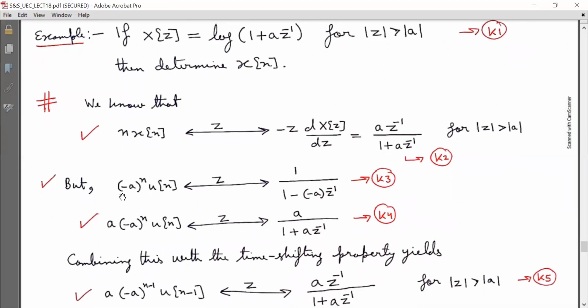But we know that (-a)^n u[n] has Z transform 1 by 1 minus (-a z^-1). So multiplying both sides of K3 by a, we will get a(-a)^n u[n], and its Z transform is a divided by 1 + a z^-1.